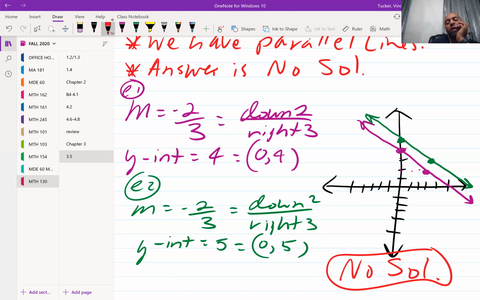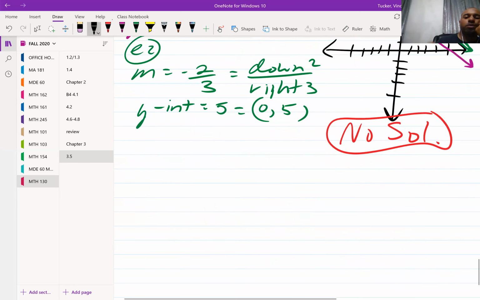Question on the graphing method before we look at the substitution method. All right, so let's look at the substitution method.